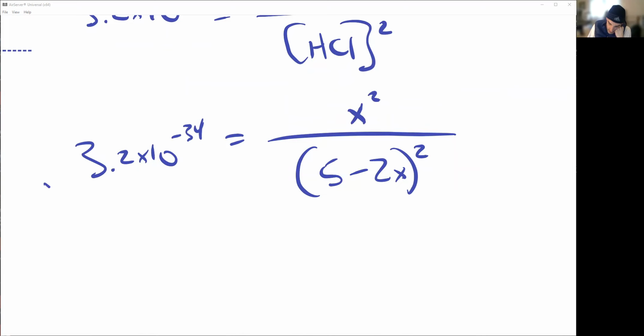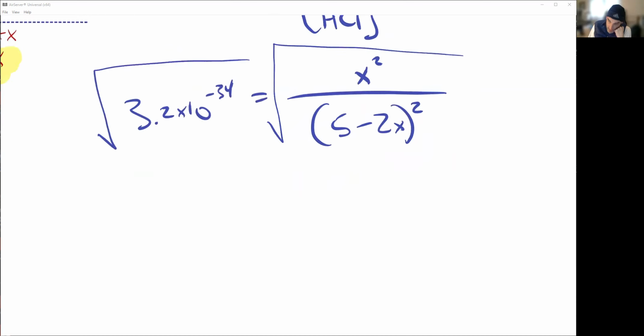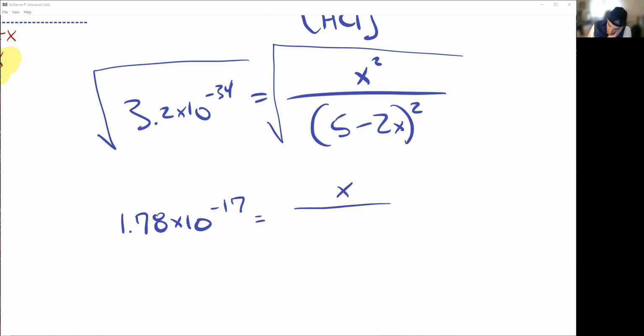If we take the square root of both sides, what you end up with is the square root of 3.2 times 10 to the negative 34. That's an actual answer, 1.78 times 10 to the negative 17 is equal to x all over 5 minus 2x.